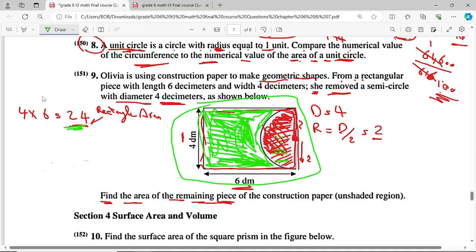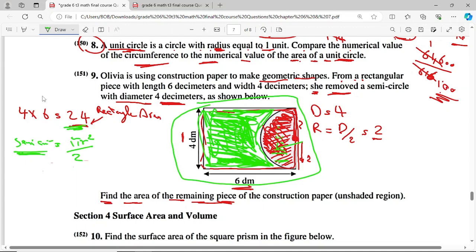Now, we need to get the semicircle area. The semicircle area is equal to pi r squared divided by 2, because a semicircle is a half circle.